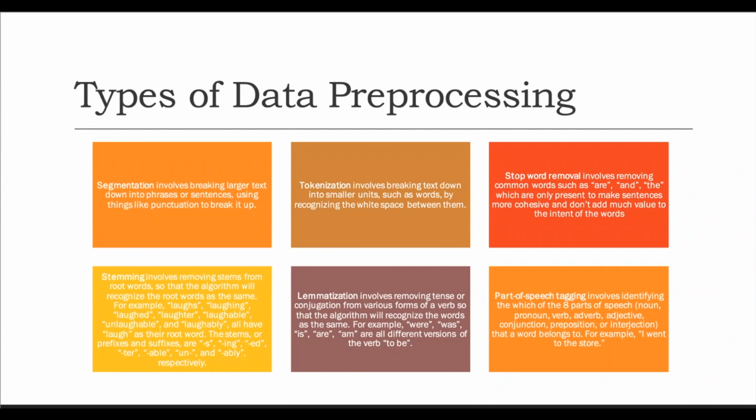Yes. So lemmatization, which is from the root word lemma, it's basically different tenses and different versions of a word. So for instance, the verb to be, you're going to have your were, was, is, are, am, has been, will be. And so all of these versions of the word be are smashed down into one variation so that you're able to process it as one unit.